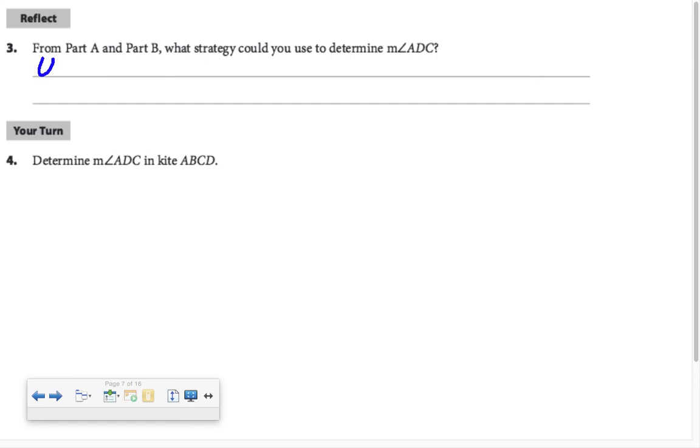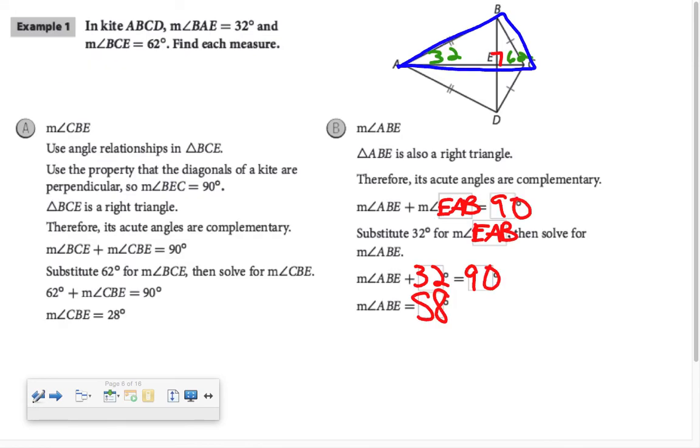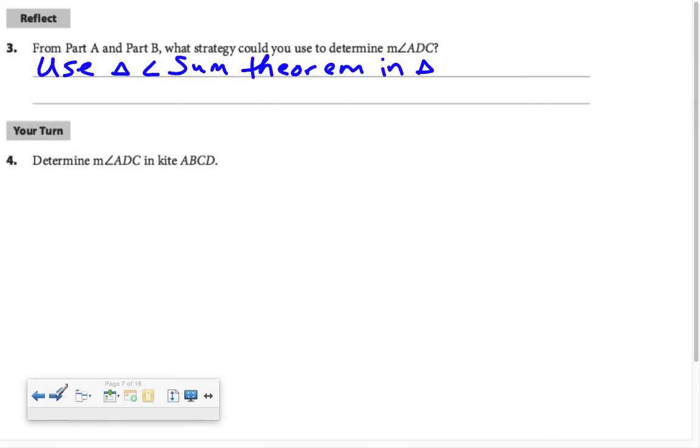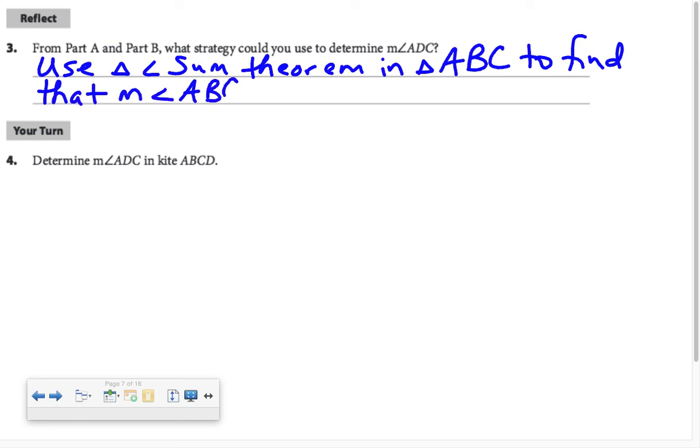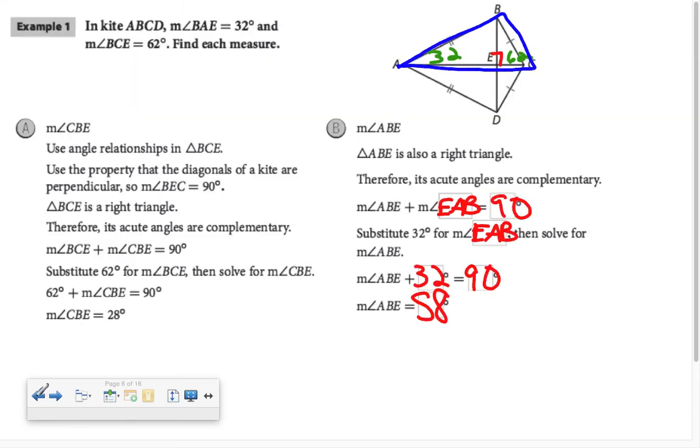Okay, so we could use the triangle angle sum theorem in triangle ABC to find that the measure of angle ABC equals, I can't remember what I said, 180 minus 94 is 86.